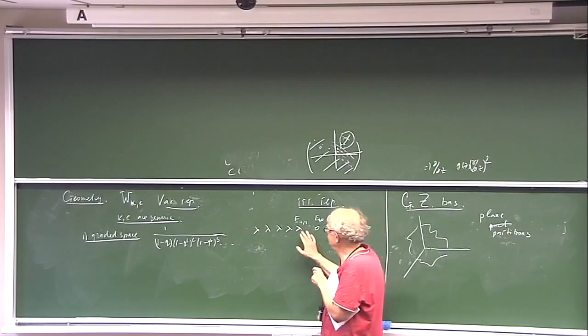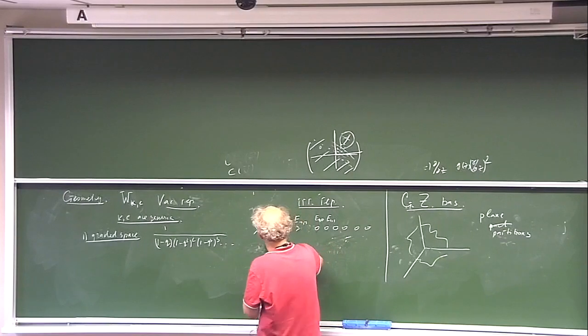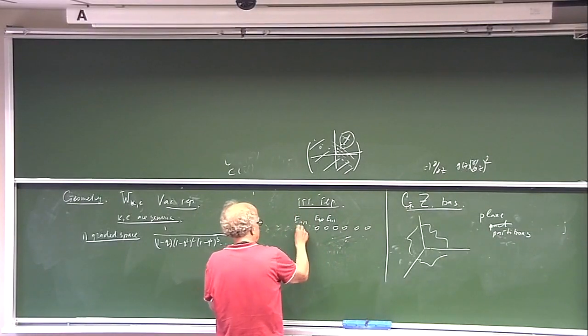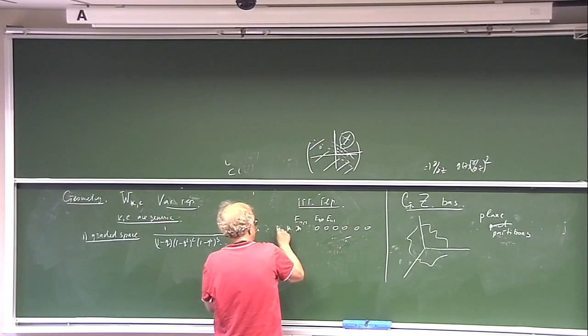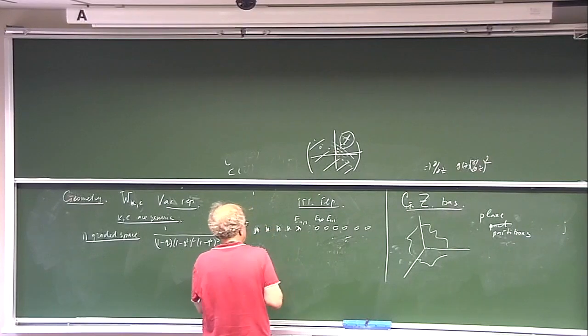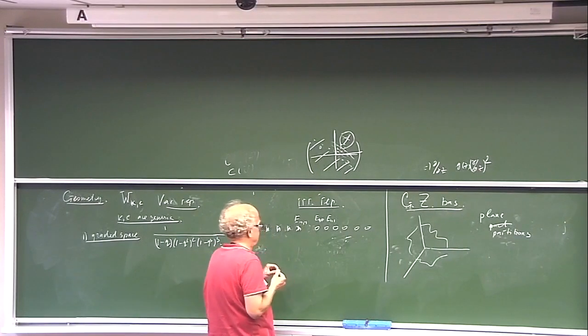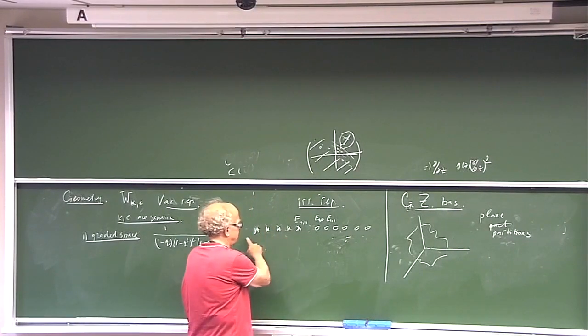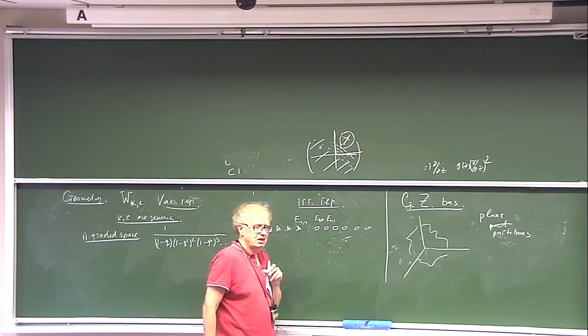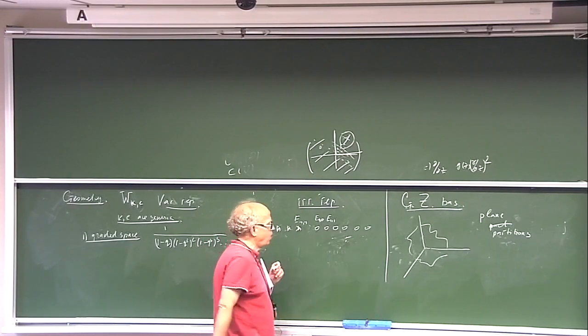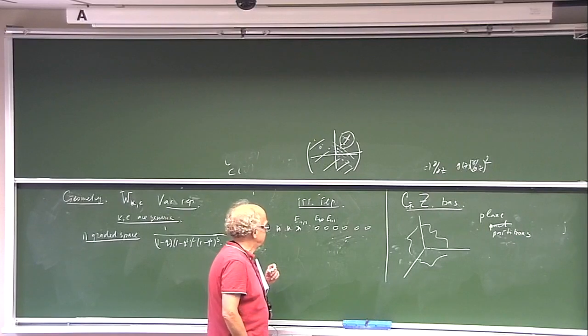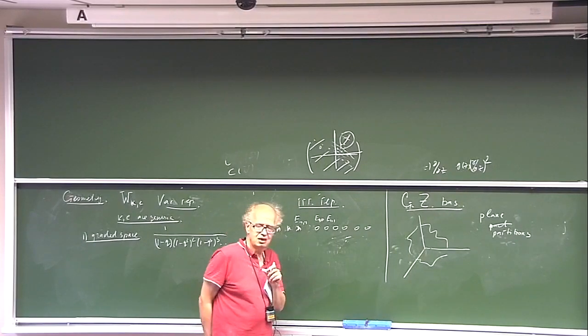If we put here an integer n, and if this integer is positive, then it means that our highest weight is still dominant.